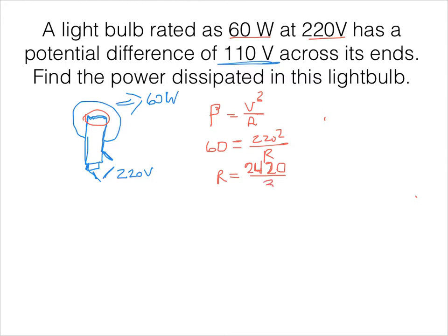All right, so now that I have the resistance, I can put that in with the given potential to find out what the new power will be. So let's go ahead and use the equation again. This time we'll say power equals, but this time I've only got 110 volts. Now you can probably figure out that there's an easier way to do this, but we'll do it this way first.